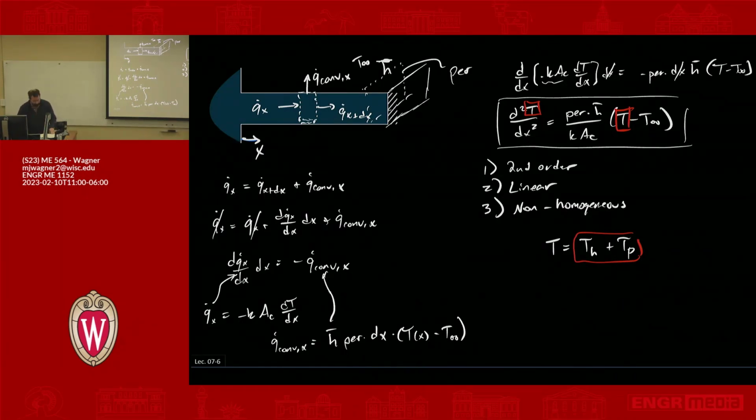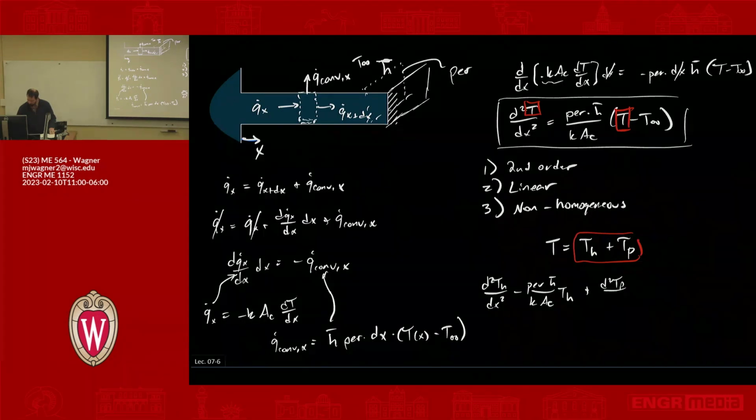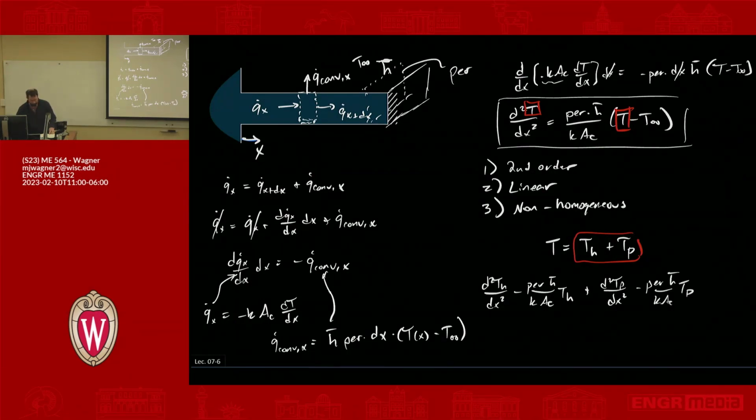So we make that substitution and we get the following, which is d squared T_H dx squared minus perimeter times h bar over k A_c times T_H plus d squared T_P dx squared minus perimeter times h bar over k A_c times T_P is equal to the right-hand side, which is, if you have room, minus perimeter h bar over k A_c times T infinity.